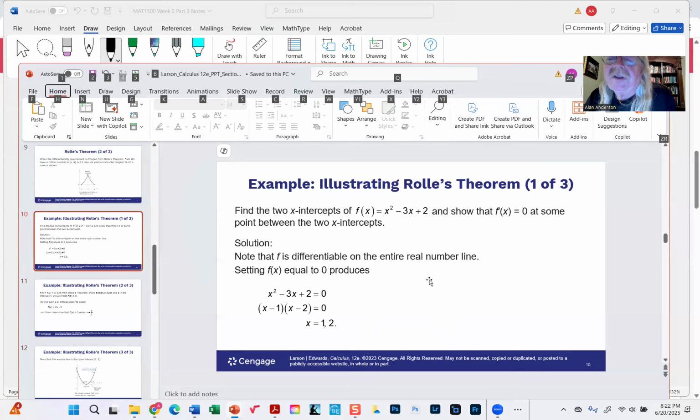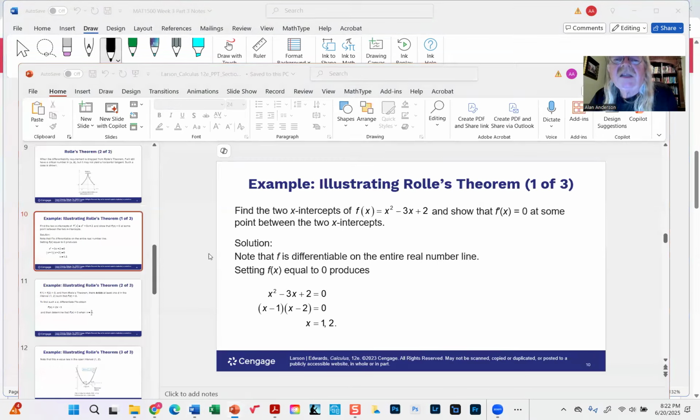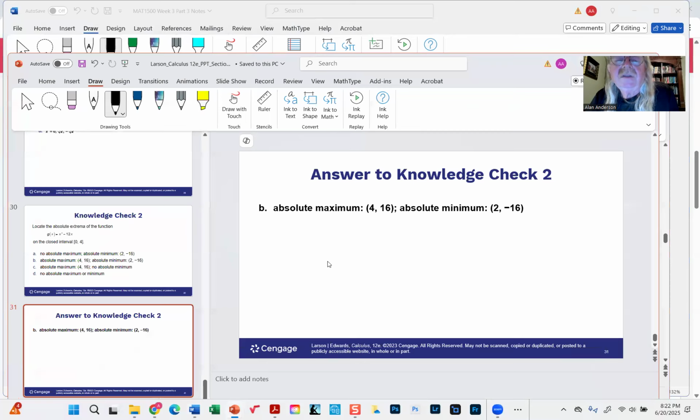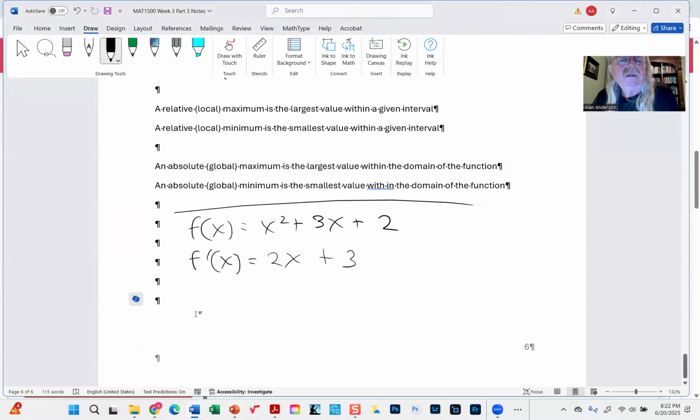Okay, so they're leaving us to figure that out. All right. So the two intercepts are, now it looks like they mean the horizontal intercepts. They didn't say that, but all right, anyway.